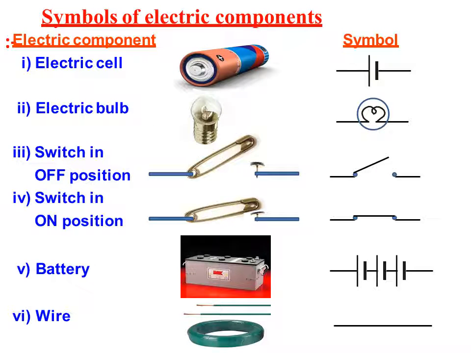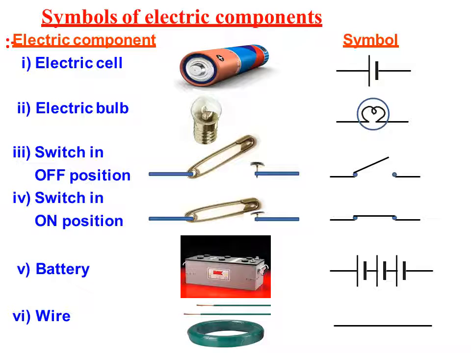Now let's move to a few electrical components, and we will discuss more about the flow of current. Among electrical components, we have a cell, that is a battery. On a small scale, we have an electric bulb, we can say an LED bulb.